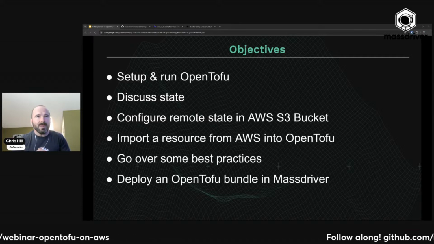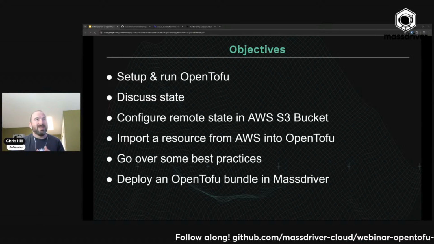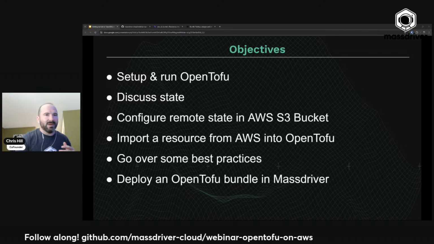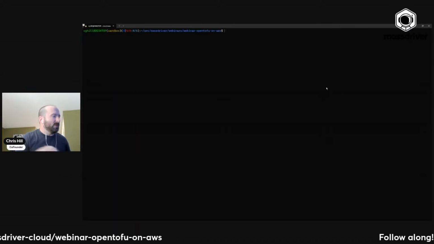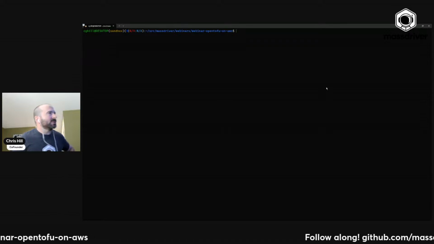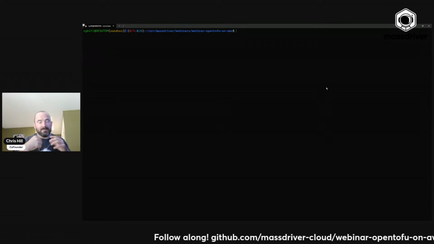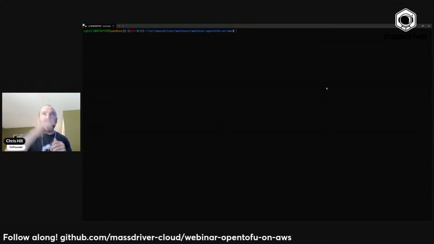With that said, most of this webinar is going to be hands-on. So let's jump into a terminal here and start working with some code. I'll make this a little bit bigger. I've already downloaded the repository that I linked earlier. That's also in the banner.